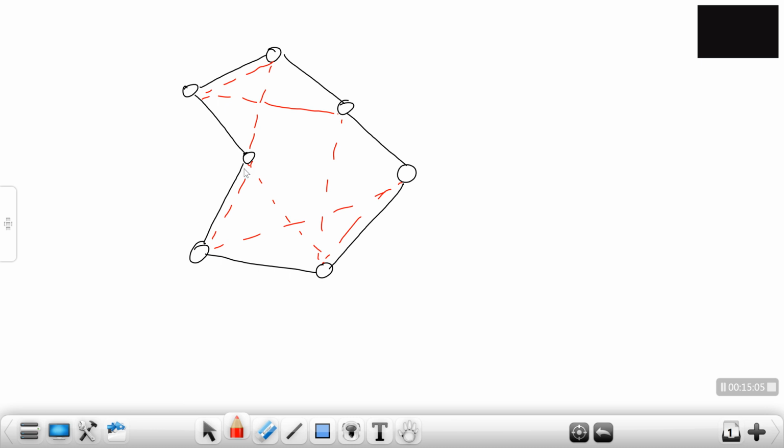Let's have a formal description. Let there be n houses that the salesman must visit. Every house must be visited, and each house i has coordinates, x comma y, so xi and yi.